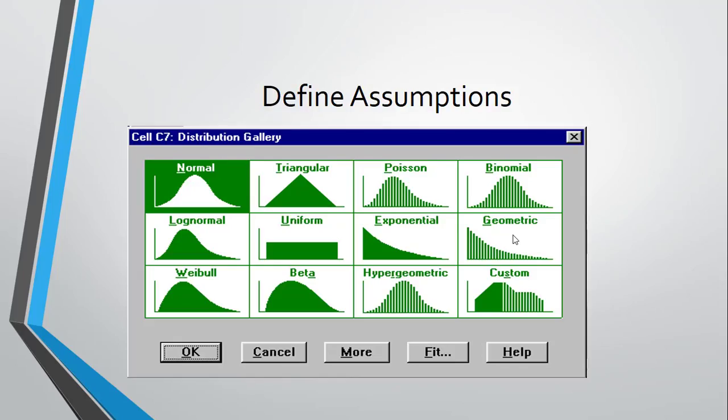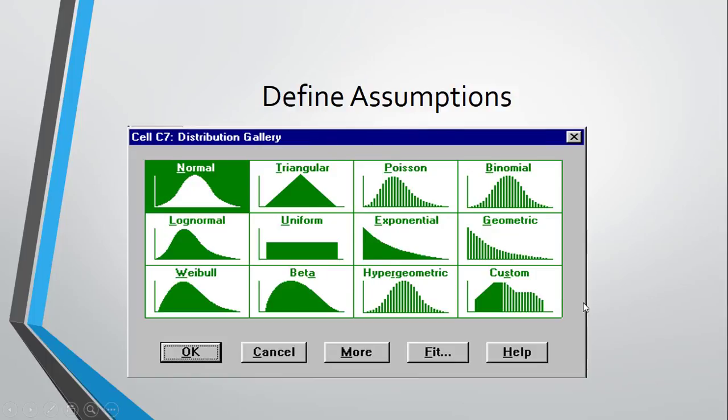The software allows you to use different assumptions. They have a distribution gallery. You can assume a normal distribution for your savings, or a triangular like this, or Poisson, or binomial, lognormal, uniform, exponential, geometric, Weibull, beta, all others, and custom distributions.